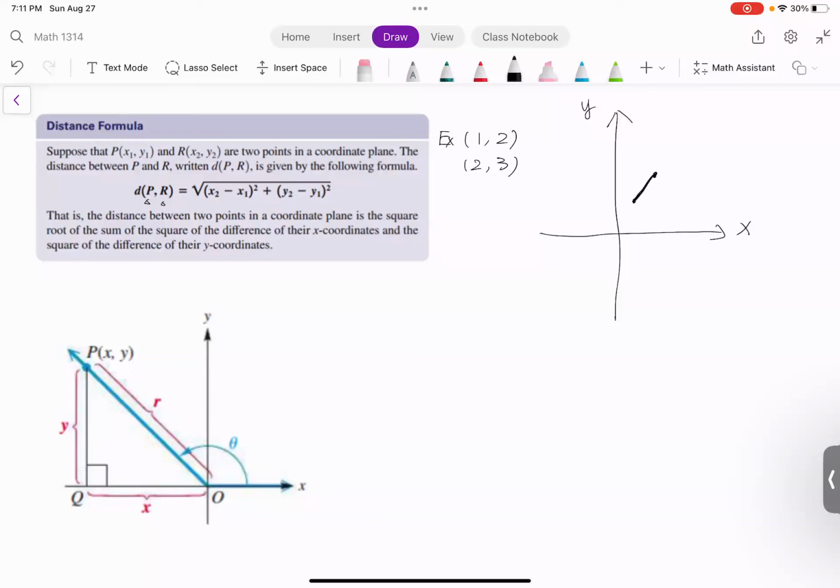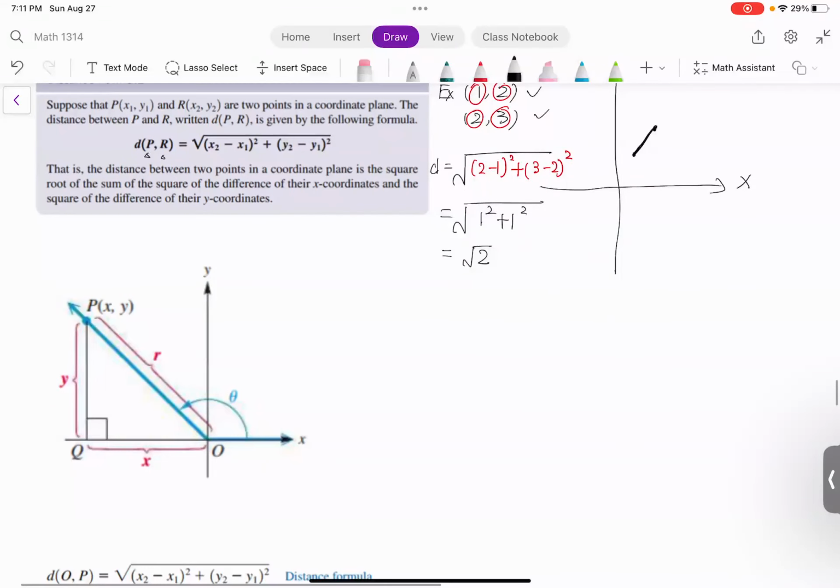So the distance equals the square root of x sub 2 subtract the first one, so 2 minus 1 squared plus 3 minus 2 squared. Let's do the simplification. That's the square root of 1 squared plus 1 squared, that's the square root of 2. That means the distance between these 2 points is the square root of 2.